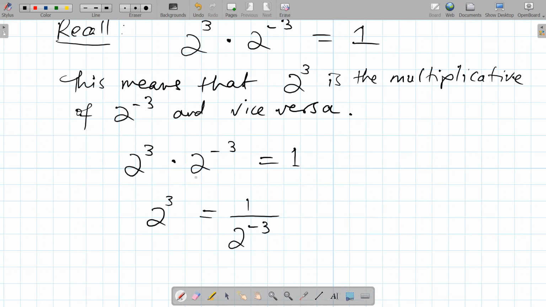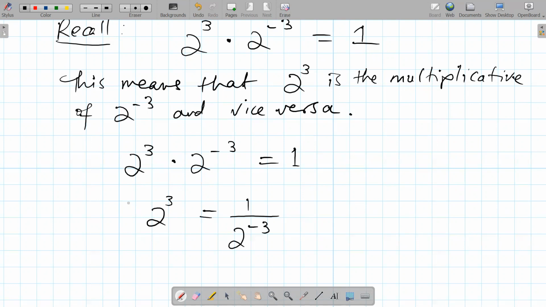Remember that when two items are multiplied and you want one of them to stay, then the other one has to divide. So if I decide to divide both sides by 2 to the negative 3, I will have 2 to the positive 3 left on the left-hand side, and the right-hand side is going to be divided by 2 to the negative 3.